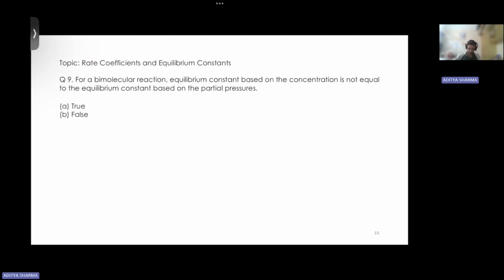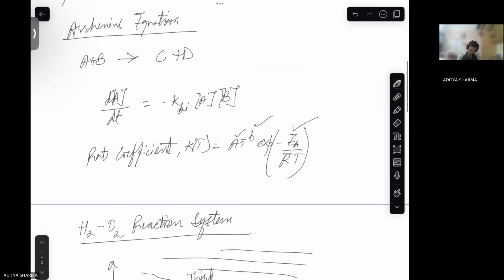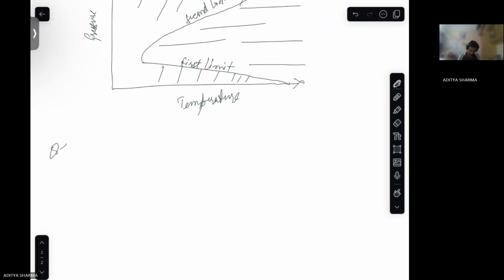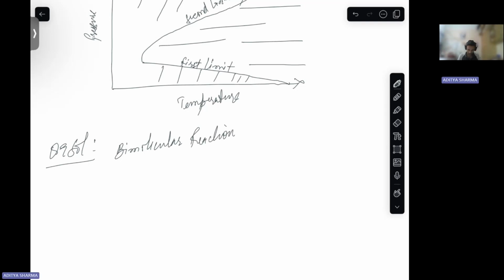So question number 9. Let's say we have a bimolecular reaction, which is A plus B gives rise to C plus D. In that case, the time rate of consumption of your A, or it can be fuel, is given this way.